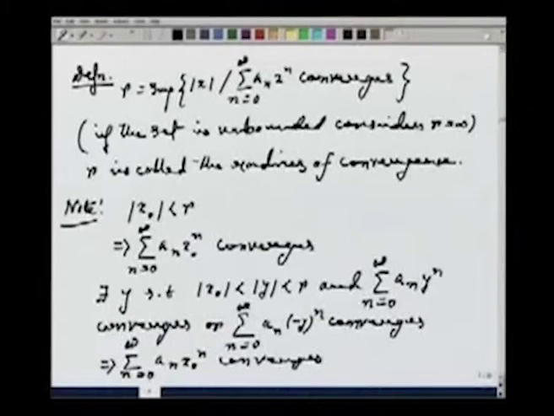It says that there exists a y such that modulus of x naught is less than modulus of y, which is strictly less than R, and summation a n y to the power n converges. That can as well apply to minus y also. So if it is y or minus y, I can just choose one of them. Okay. So anyway, it follows that if I take a point x naught whose modulus is less than the radius of convergence, then the power series certainly converges there.